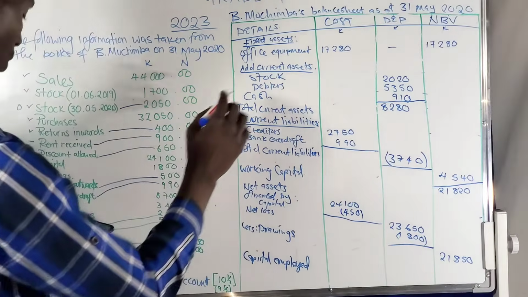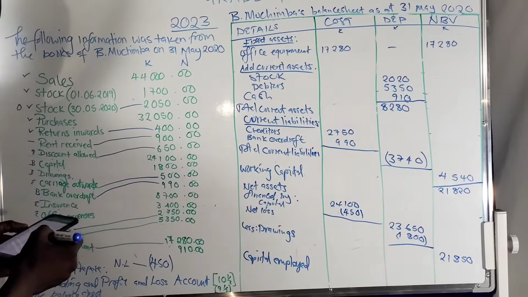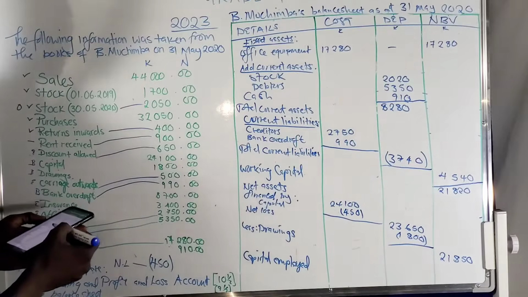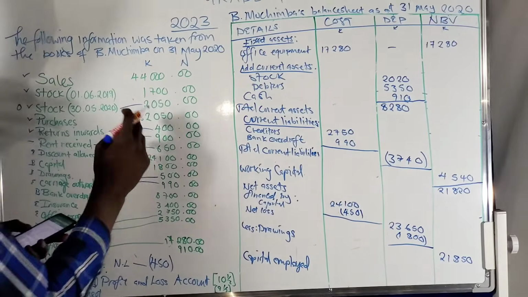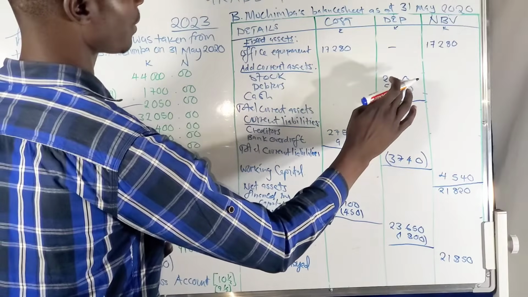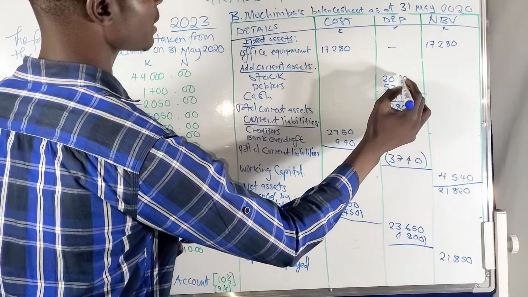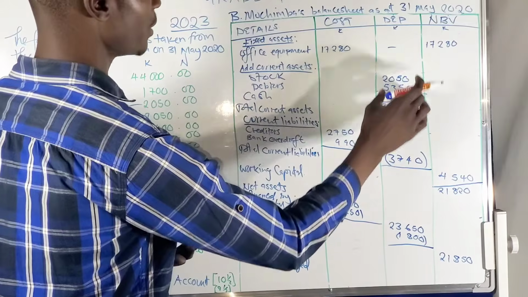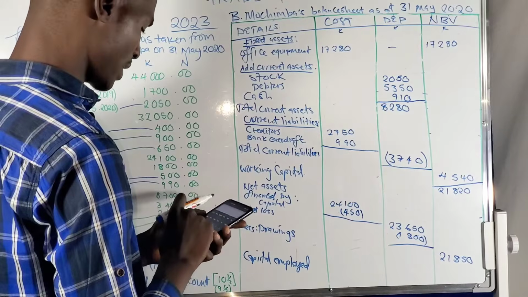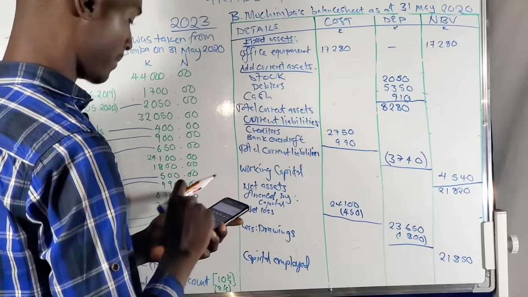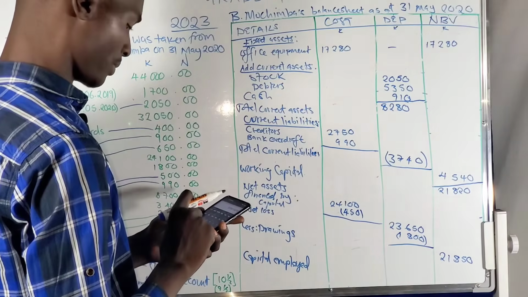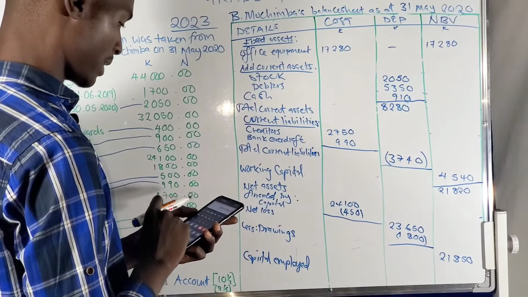Next is stock. Our closing stock is 220. Oh, that's where the problem is. It's 2050, not 2020. Okay, so the mistake is here. So when you add again there, so these mistakes usually happen. 5,350 there plus 910.